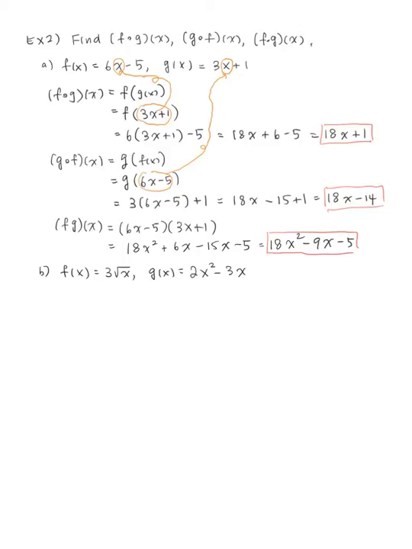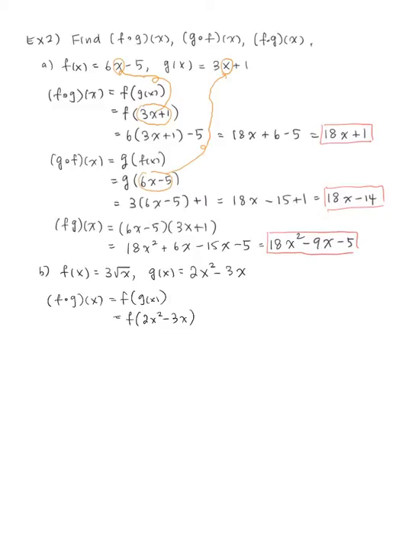Let's do another example, part B. Let f of x be 3 times the square root of x, and g of x is 2x squared minus 3x. Let's first go with f of g of x. Next step, replace the g of x with the expression 2x squared minus 3x.